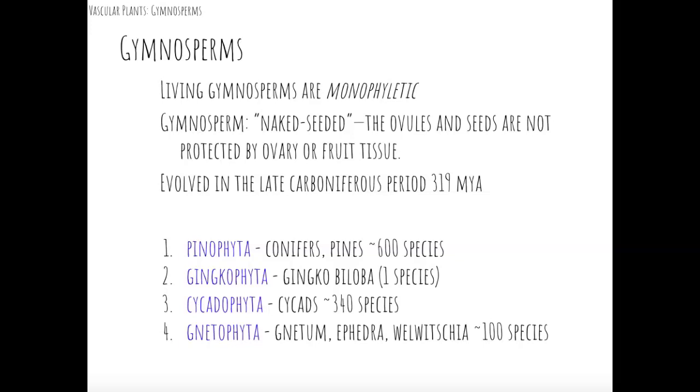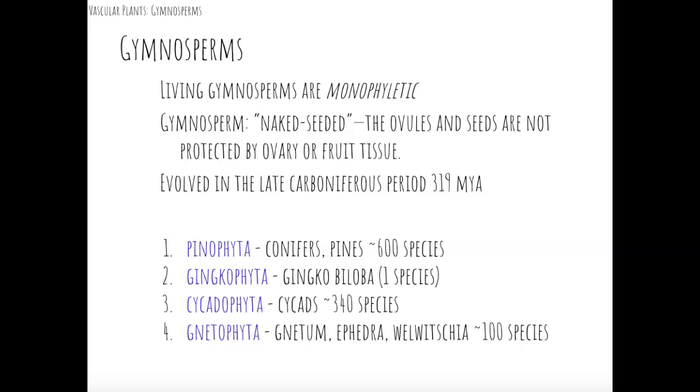Living gymnosperms are a monophyletic group. Gymnosperms means naked seeded, so the ovules and the seeds are not protected by ovary or fruit tissue like we see in angiosperms. These types of plants evolved in the late Carboniferous period about 319 million years ago.